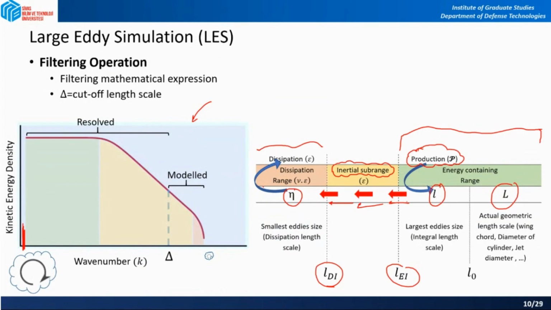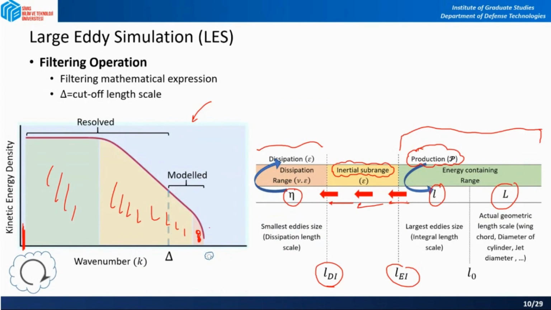So these three different colors are again shown in the energy density distribution in here. So you have the energy containing range in here, and then you have the inertial subrange, which is kind of linear, and you also have here the dissipation range.